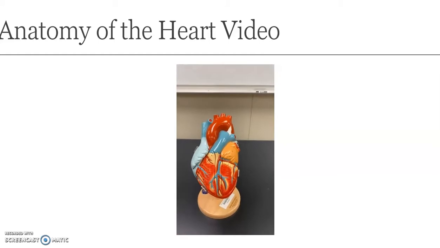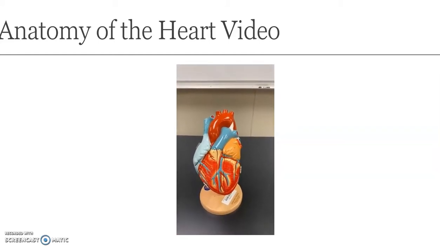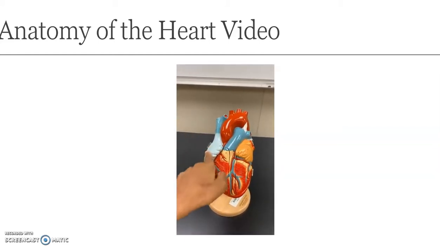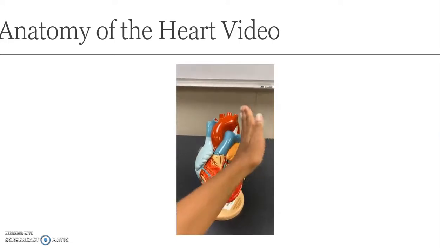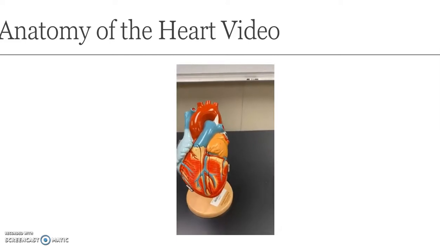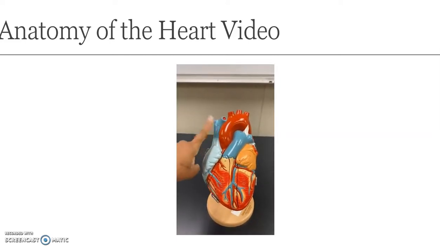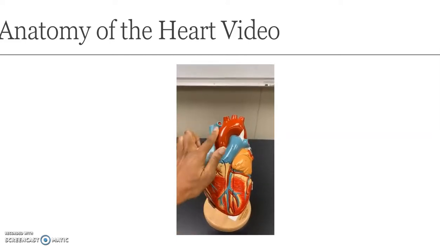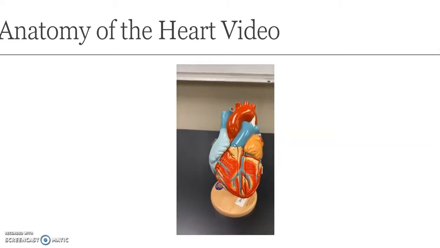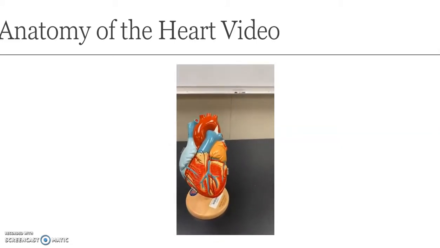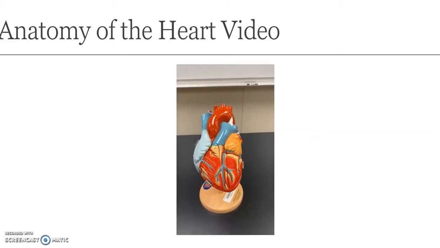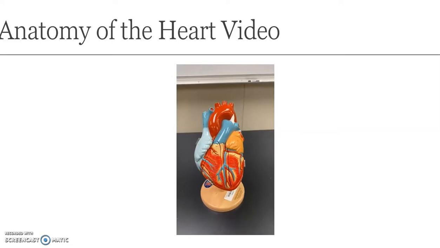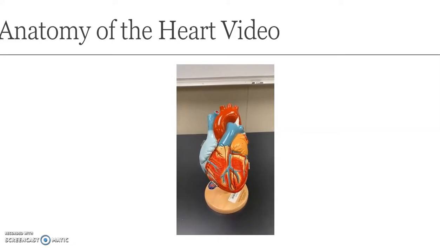Okay? So your heart has 4 chambers. It has upper chambers and then lower chambers. It has a right side and a left side. And remember, blue is for veins, red is for arteries. Our veins are going to transport deoxygenated blood, and our arteries are going to transport oxygenated blood.